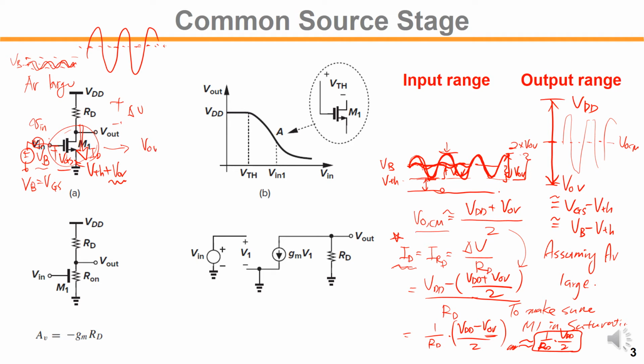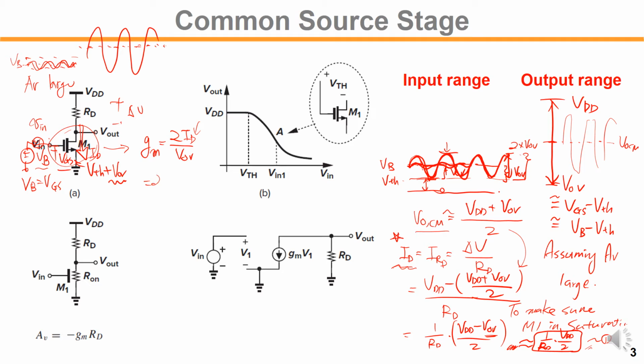So for the overdrive voltage, we need to find the required overdrive voltage. That would be 2ID over GM. We require the GM, or 2ID over the overdrive voltage. We know that ID is given by that one, equation 1.